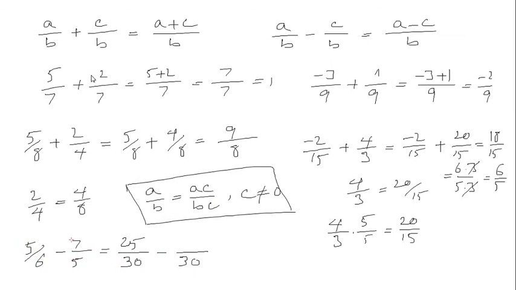I have to multiply the numerator by 6, and 7 times 6 is 42, and then I just subtract 25 from 42. Let me do that here: 42 minus 25.